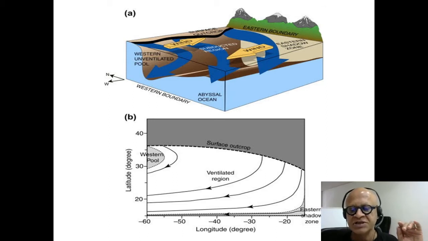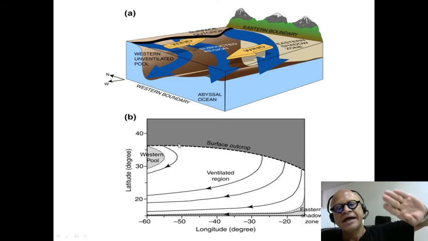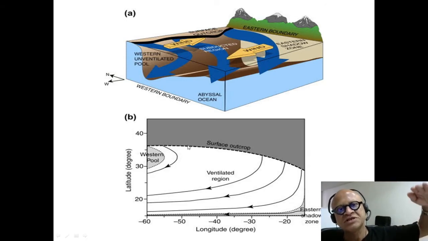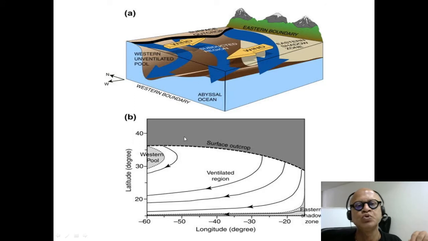So here is some idealized situation being shown, which shows that this thermocline, which is below this isopycnal, which is below the surface here, is tilting up and outcropping, which means it's directly being exposed to wind forcing along these latitudes here as you go away from the lower latitudes.